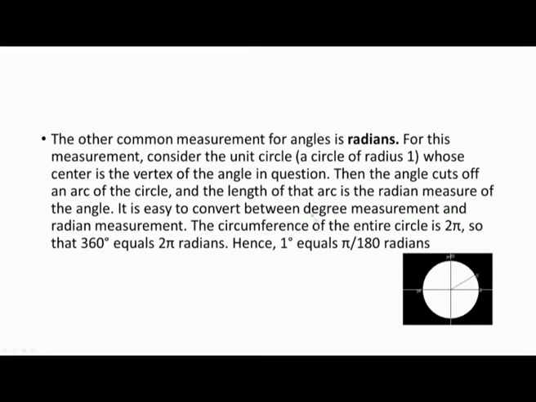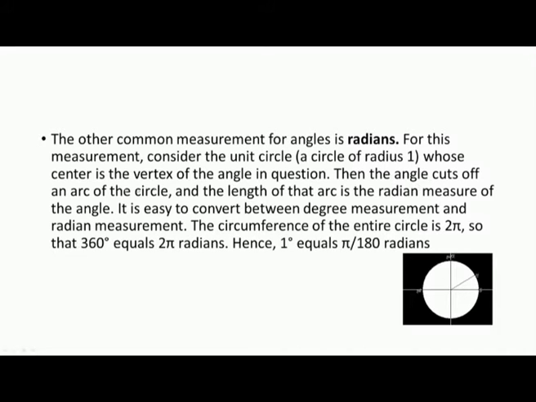Now, the other common measurement of angle is radians. For this measurement, consider a unit circle, a circle of radius 1 unit, whose center is the vertex of the angle in question. If you see this diagram, this is the vertex and this is the circle with 1 unit radius.